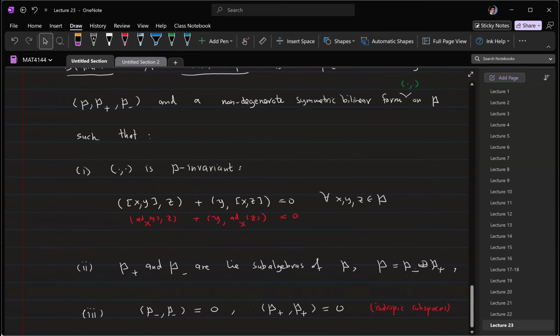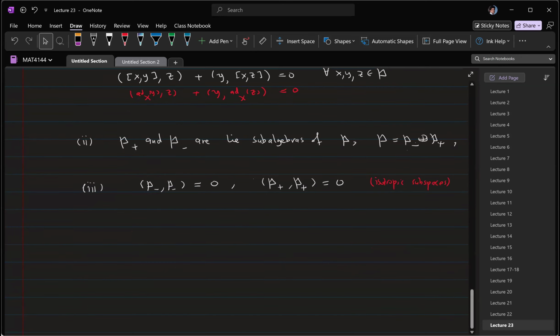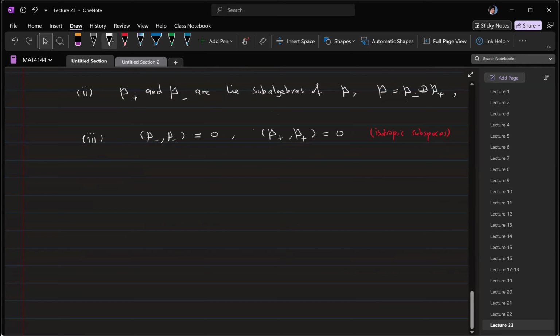Okay, and now what connects Manin triples to Lie bialgebras is the next proposition. Here's the proposition.